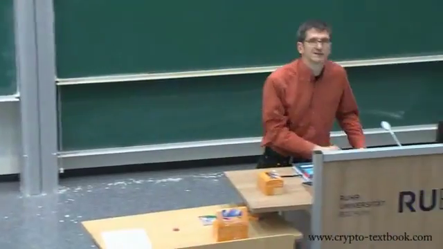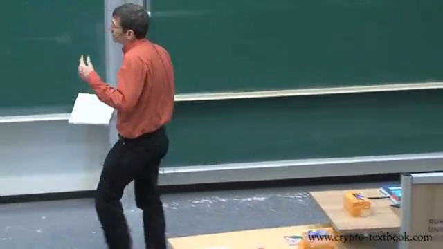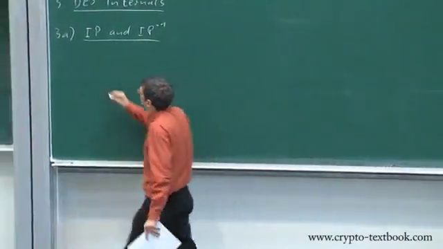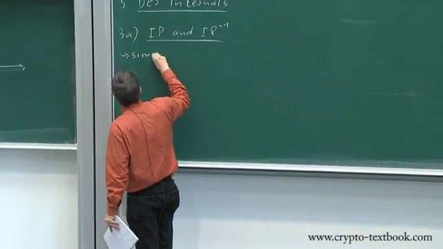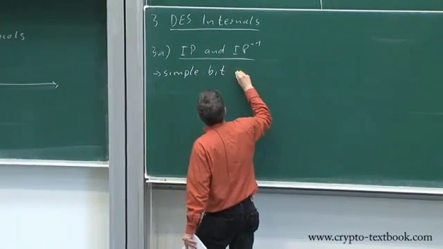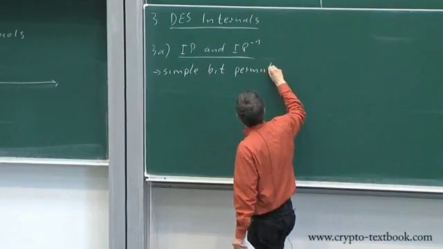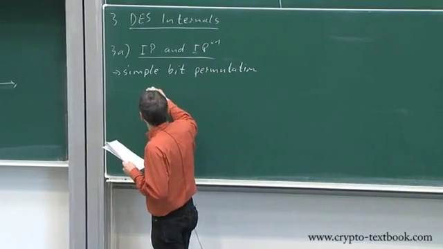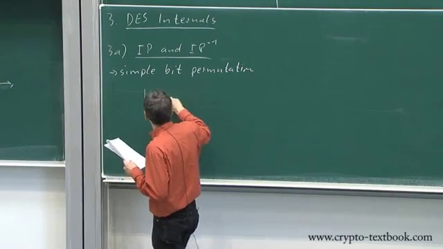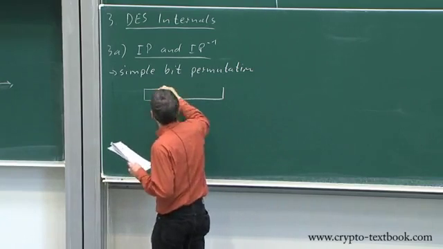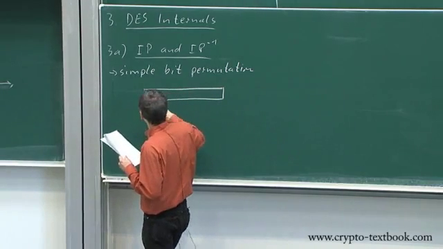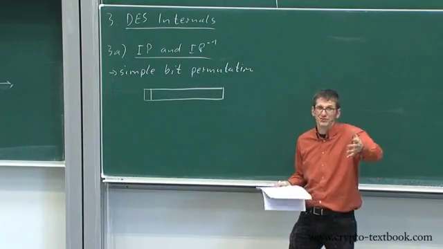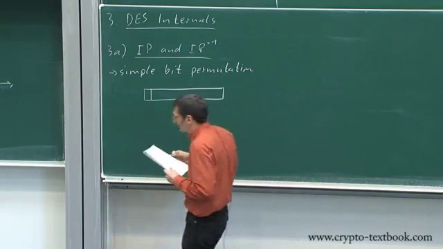What is this? This is a bit permutation. If you use a little bit of an electrical engineering viewpoint, you see that this is a simple bit permutation. I'll give you an example of what IP does. So let's say this is the input word. This is the 64 bits. This is you, right? So what's happening to the bits?